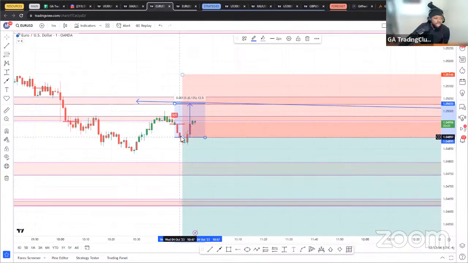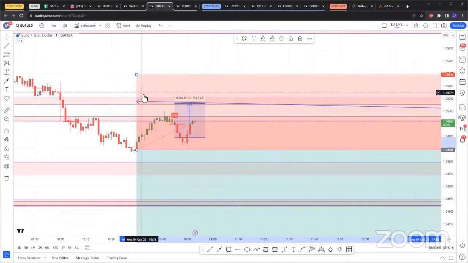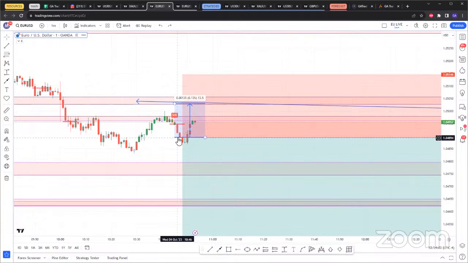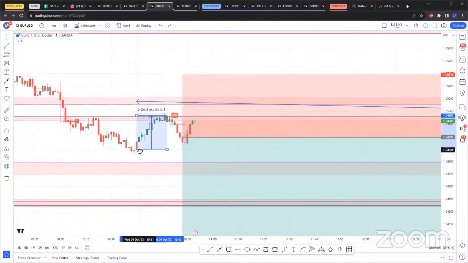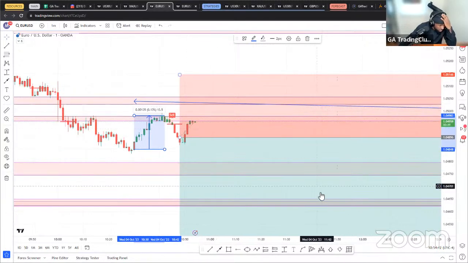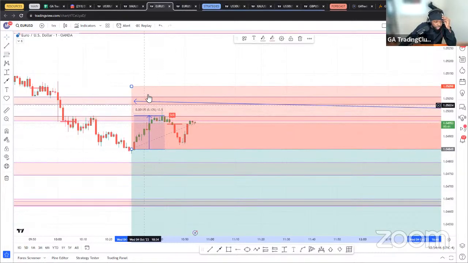The entry would have been here. Oh, my bad. That's not it. It's moved about 13 pips. So it would be ideally half your stop loss. So even though you entered on impulse down here, the trade would have gone to 50% of your stop loss.